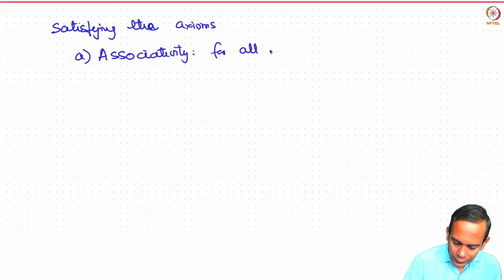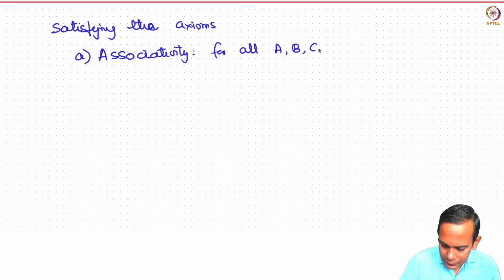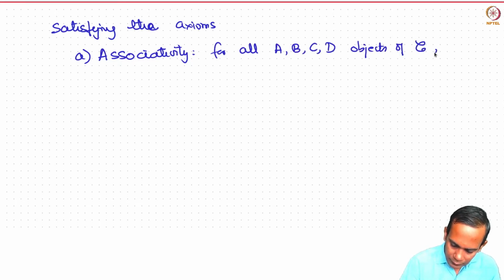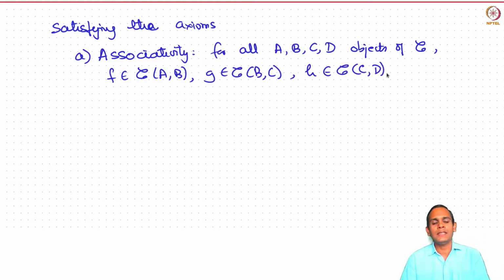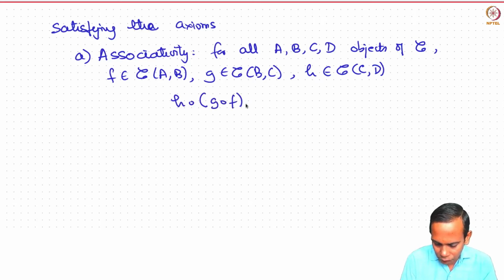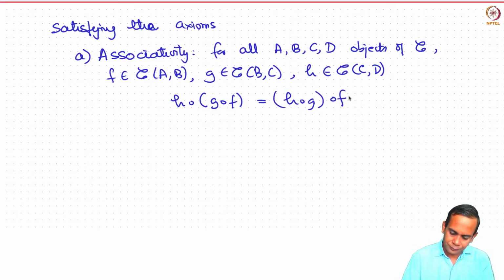For all objects A, B, C, and D, F an arrow from A to B, G an arrow from B to C, and H an arrow from C to D. You can compose these three in two different ways. You can take H composed with G circle F, or you could take H circle G and then circle F. So this should be equal, and this is an equality in C(A,D).